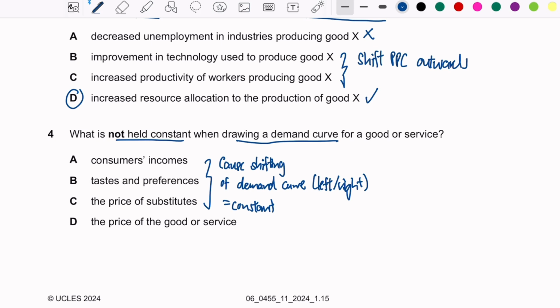But the price of a good or service causes the movement in demand curve. So it will cause either contraction or extension. So we said this price can be changed, so it is not constant. The price can increase or decrease, which causes a movement in demand curve. So the answer is D.